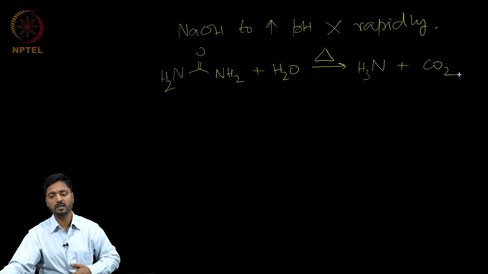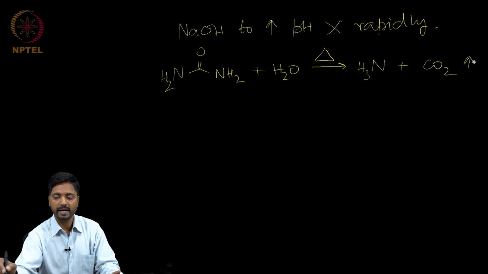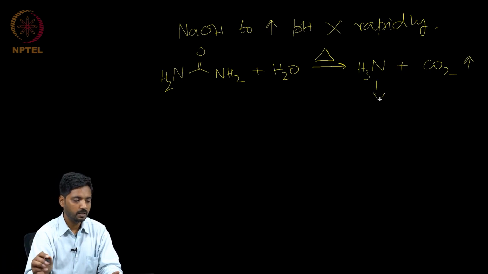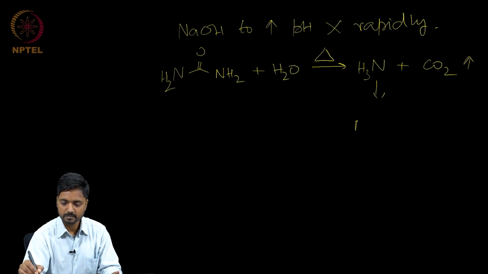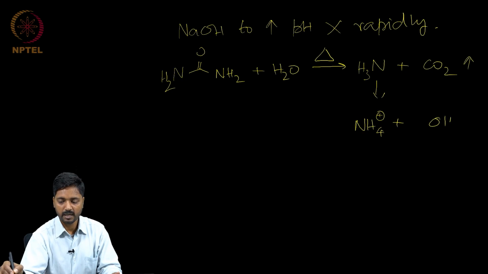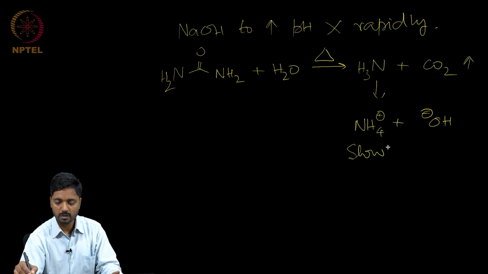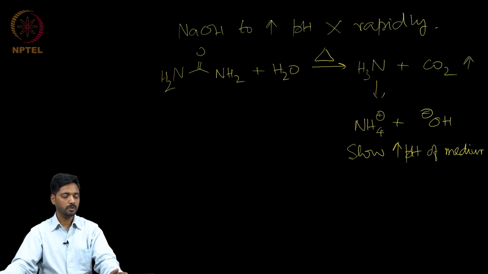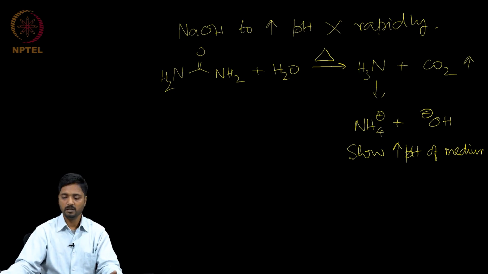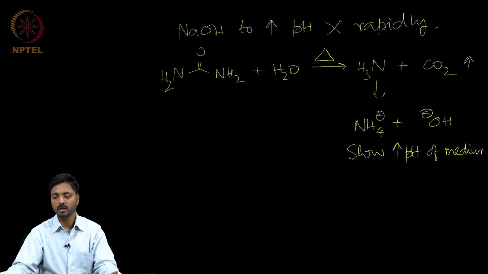The carbon dioxide will be evaporated and the ammonia in water will give rise to ammonium ions and hydroxide ions. This will result in a slow increase in the pH of the medium, and this can be utilized to achieve gradual precipitation of the material at high pH.